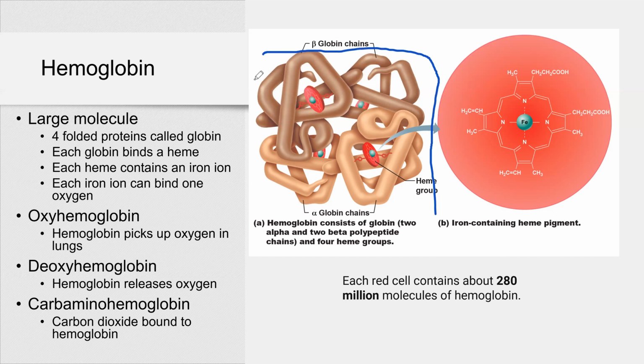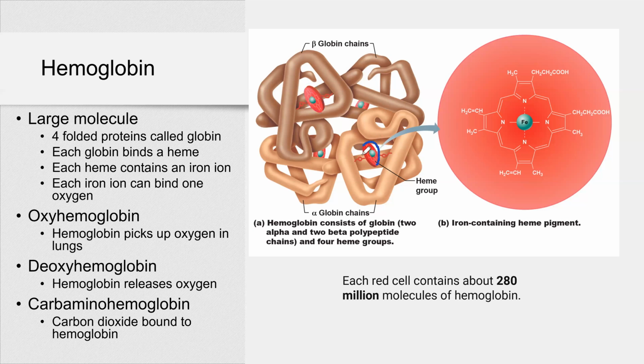And this is a diagram that tells you what hemoglobin looks like. Now, hemoglobin is made of protein. So these brown, darker and lighter brown, are proteins, right? And this is our globin form. And then you have this structure shown here, and this is the heme group.